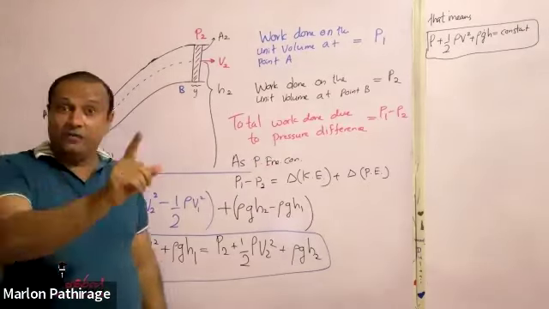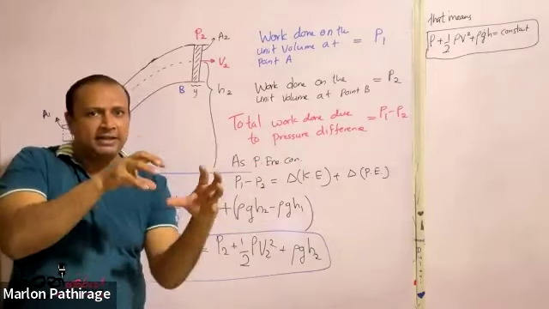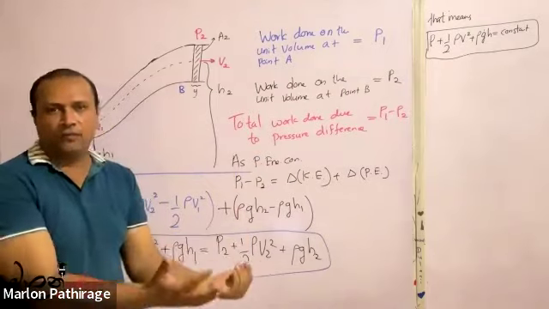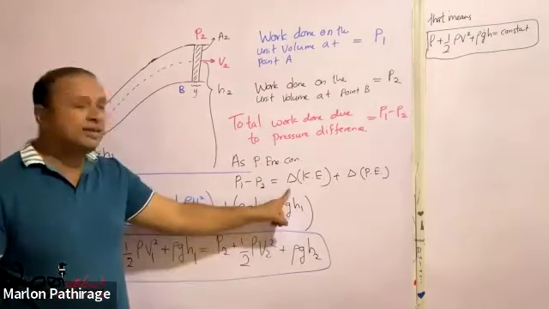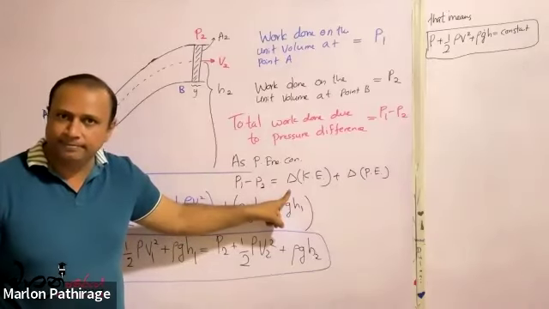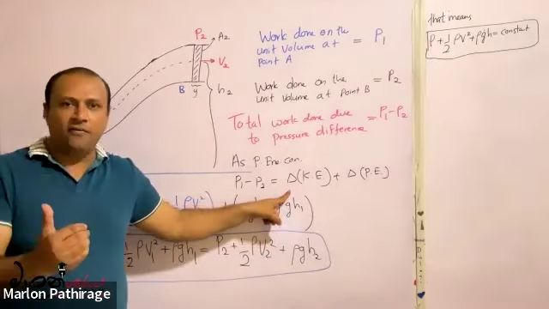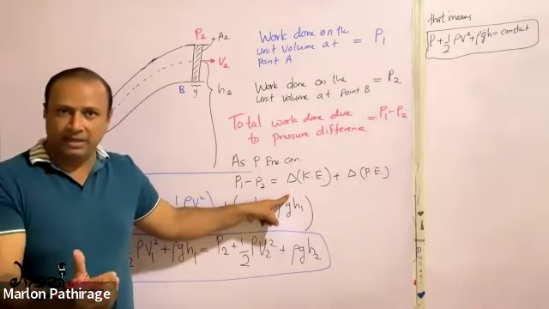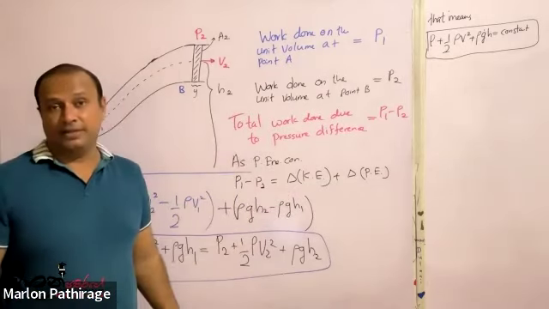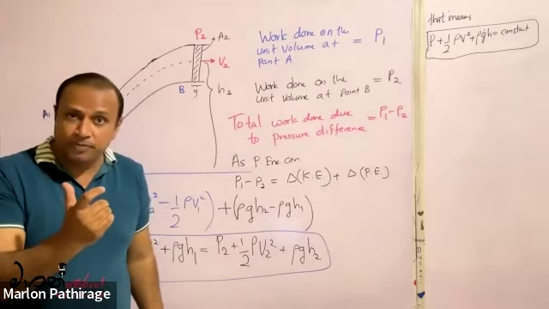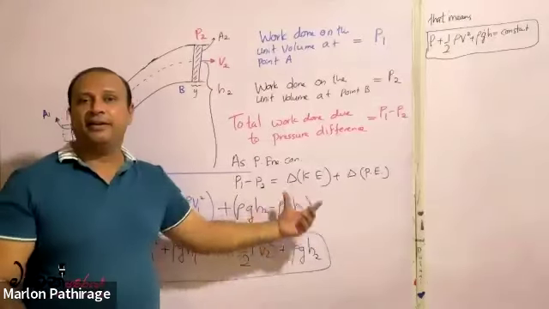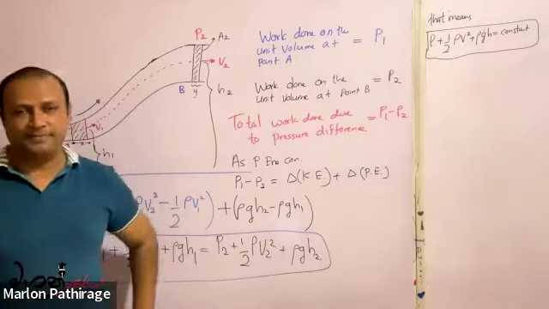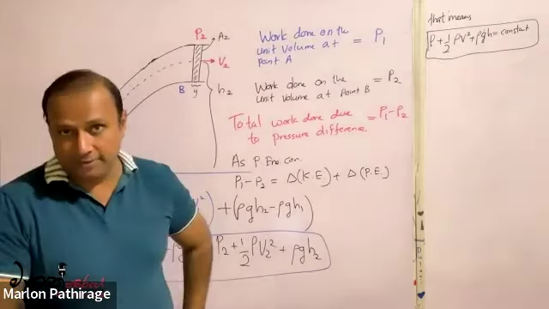Therefore, if there is rotational motion or turbulent flow within the fluid, then this equation is not valid. Okay. Therefore, this equation is valid only if the pressure difference is used to change the kinetic energy and potential energy of fluid particles. Otherwise, this is not valid. Did you get my point?